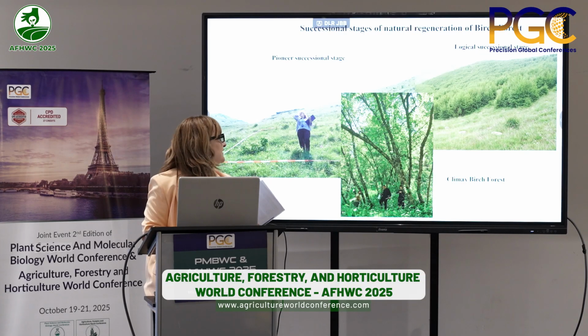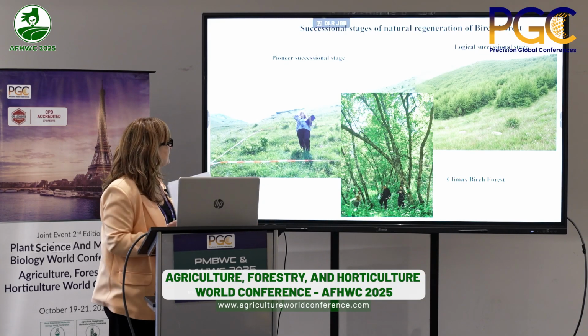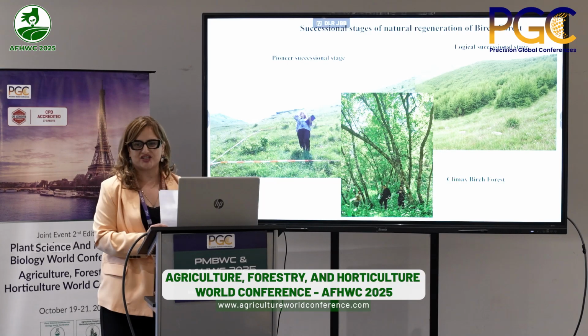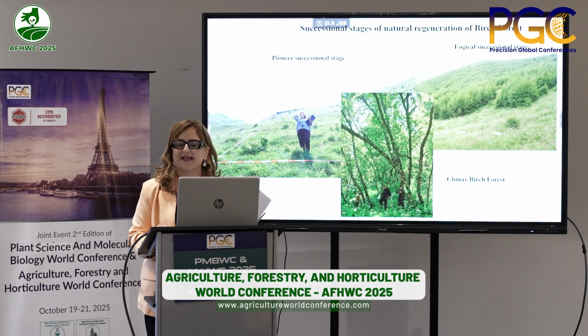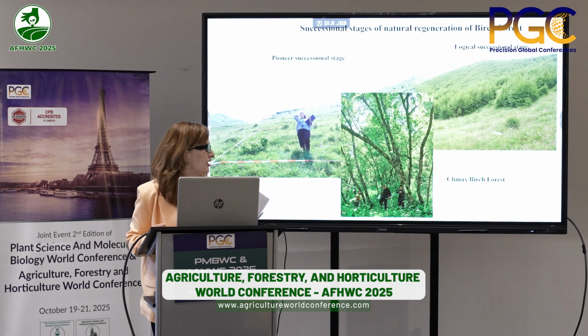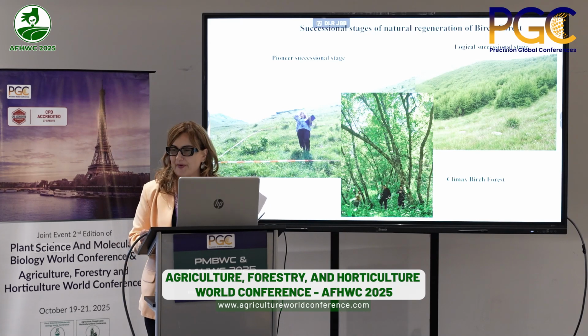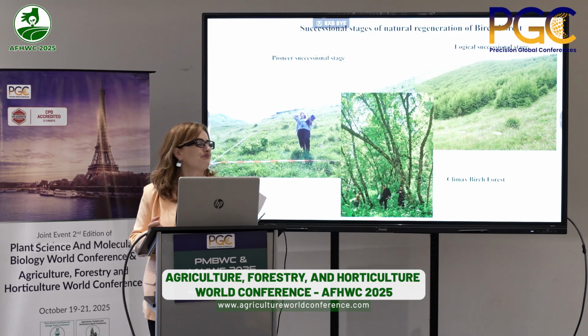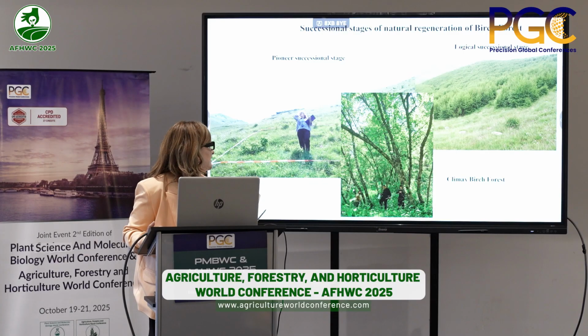First photos. On the first photo, you can see the pioneer successional stage of plant forest restoration. Why pioneer? Because it is a subalpine secondary meadow where seedlings of birch first appeared.